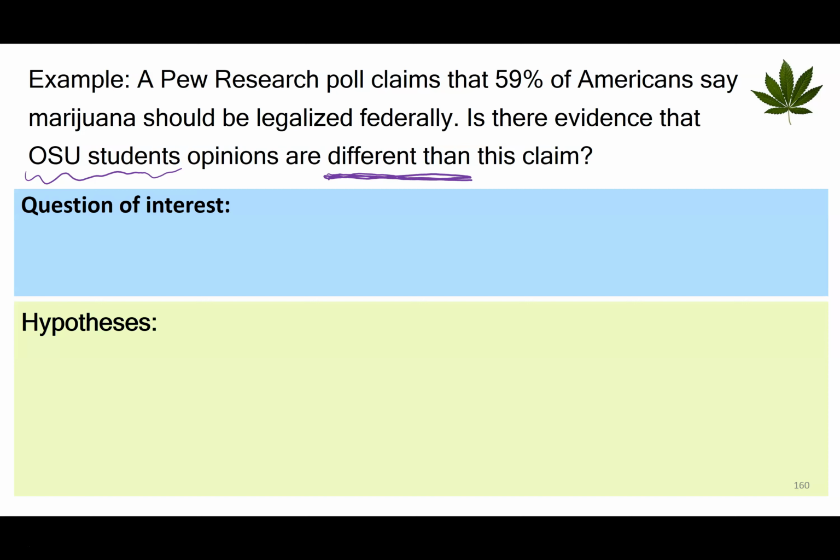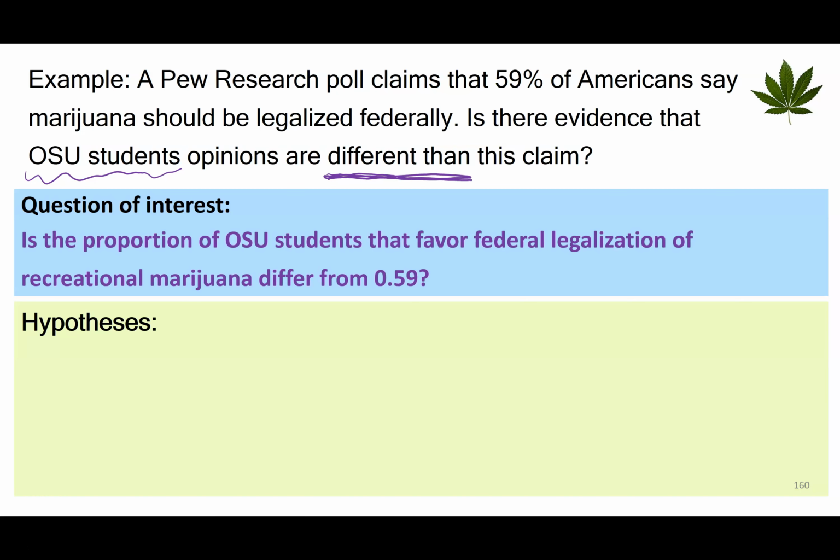So our first step is our question of interest. Is the proportion of OSU students that favor federal legalization of recreational marijuana different from 0.59? So this is a hypothesis test. It should be a yes or no question.